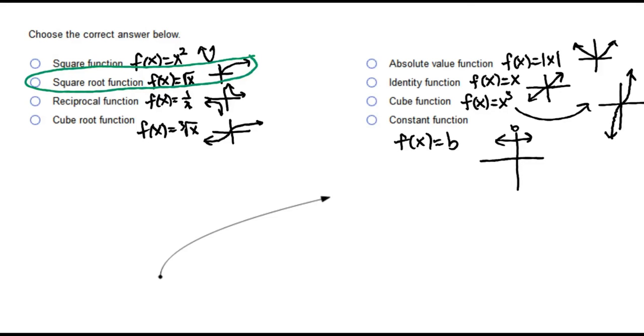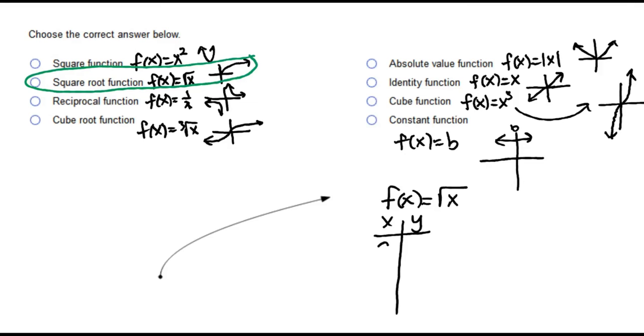And I'll take a moment to go into a little bit of detail about this square root function. F of x equals square root of x. We can find the graph of this function, if you don't have it memorized, by plotting points. And when I plot points, I'm going to choose some values that are easy to find the square root of.